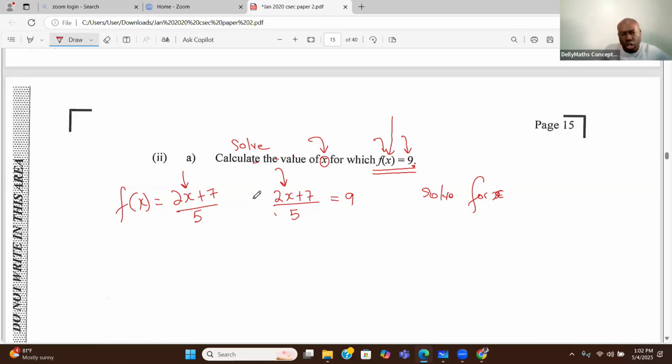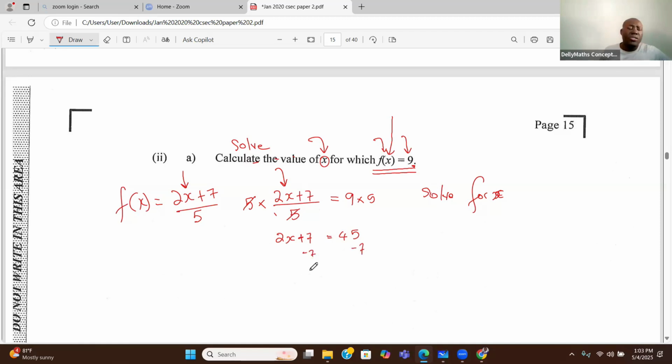So then, you're going to multiply both sides by 5. When you do that on the left side, the 5 will cancel itself, so the fraction is gone on the left. Then you are left with 2x plus 7, which is equal to 45. Now, we're going to subtract 7 from both sides because you're solving a regular equation.